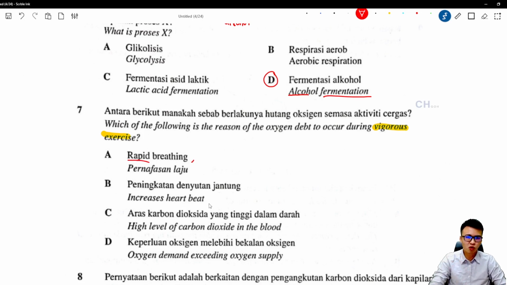When you want to have more oxygen, you are going to increase your heartbeat when you are doing vigorous exercise. And high level of carbon dioxide in the blood, yes, of course, because you are going to do a lot of exercise and produce a lot of carbon dioxide. So yes, this one is also true. But the most correct answer to talk about the oxygen debt is actually oxygen demand is more than the oxygen supply. So you use more oxygen than the oxygen you took in. That's why we have the oxygen debt here.